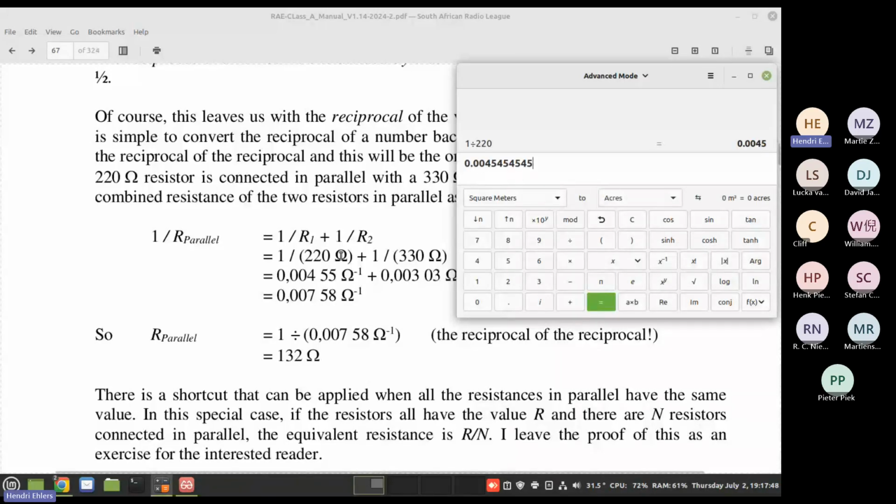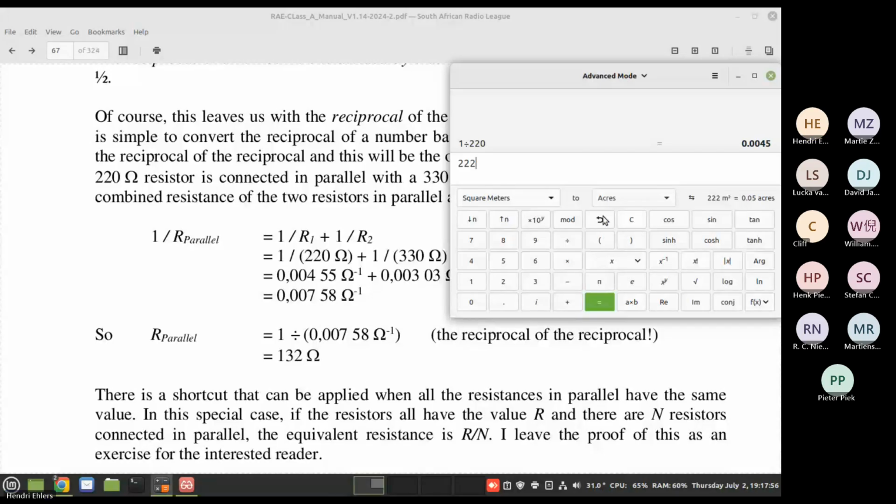That's that part. If I say 220 to the minus 1, that tells me those two are exactly the same.